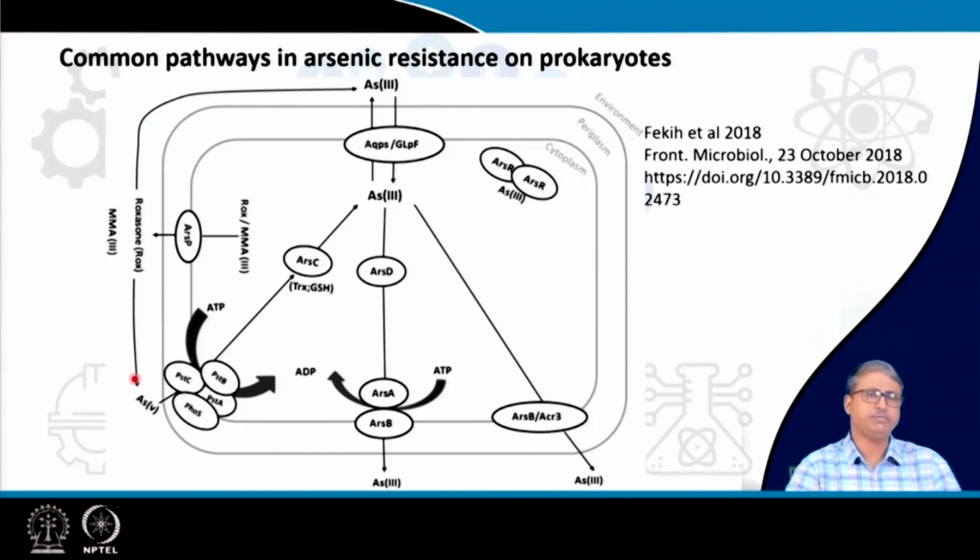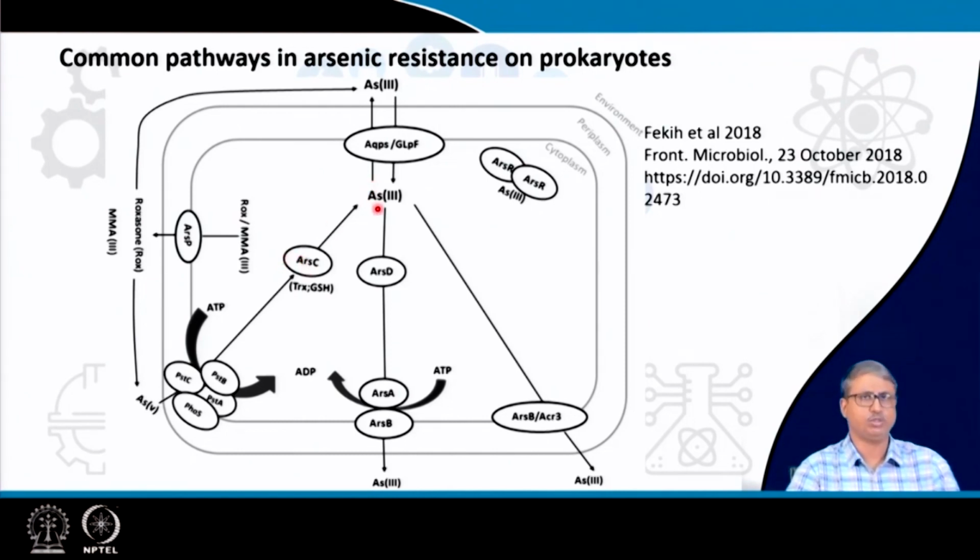Now, arsenic 5 enters inside the cells through the phosphate transporter, because arsenate resembles phosphate and enters into the cell by mimicking phosphate. Once it enters the cell, in the cytoplasm, the enzyme encoded by ARSC, a cytosolic arsenate reductase, reduces arsenate to arsenite.